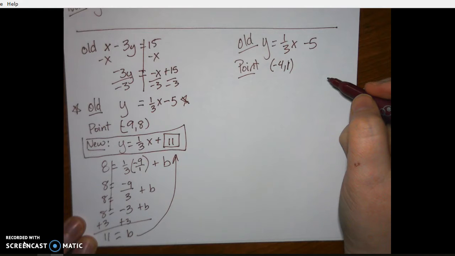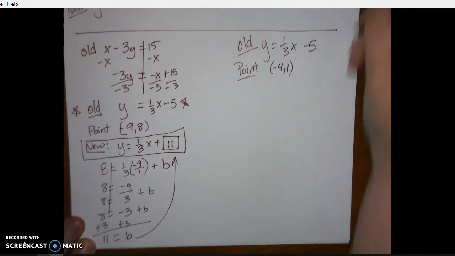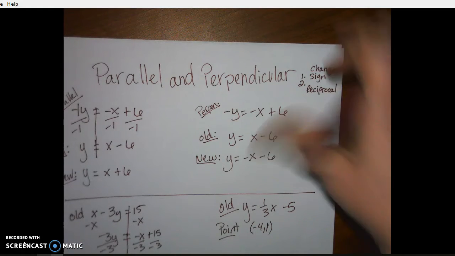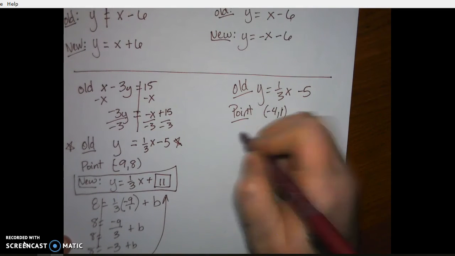Same thing. Except I have to change my slope using my two rules. Okay, change the sign and find the reciprocal of my slope.